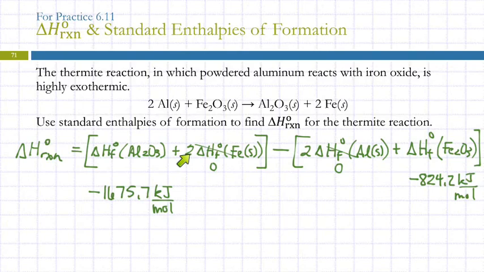So we're multiplying by the number of moles. How many moles of Fe2O3? 1. So that is, if we're going to keep track of our units, which is never a bad idea, 1 mole times that, the moles cancel out. And how many moles of aluminum oxide? 1. So that's 1 mole.